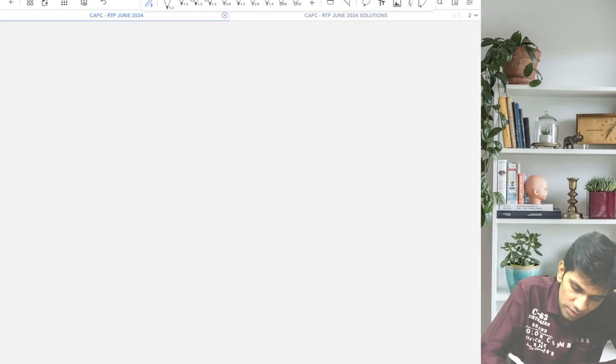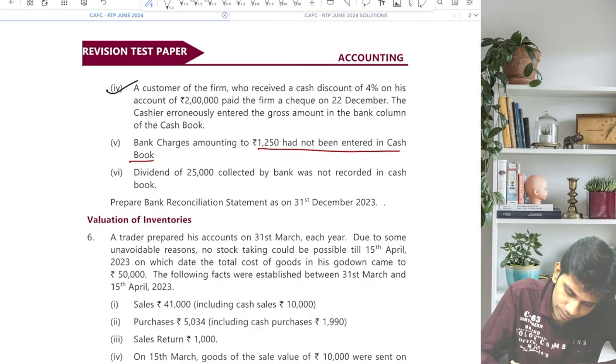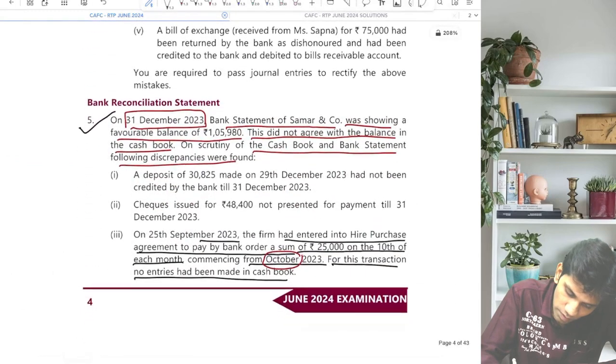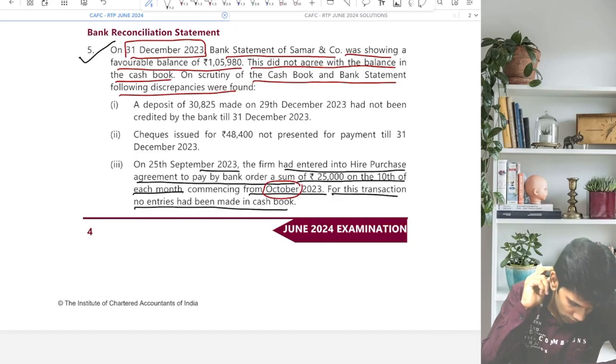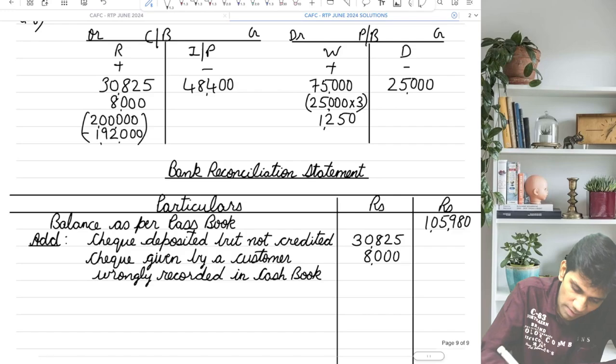Then 75,000. Let's see what is. Okay. Hire purchase installments paid by bank.